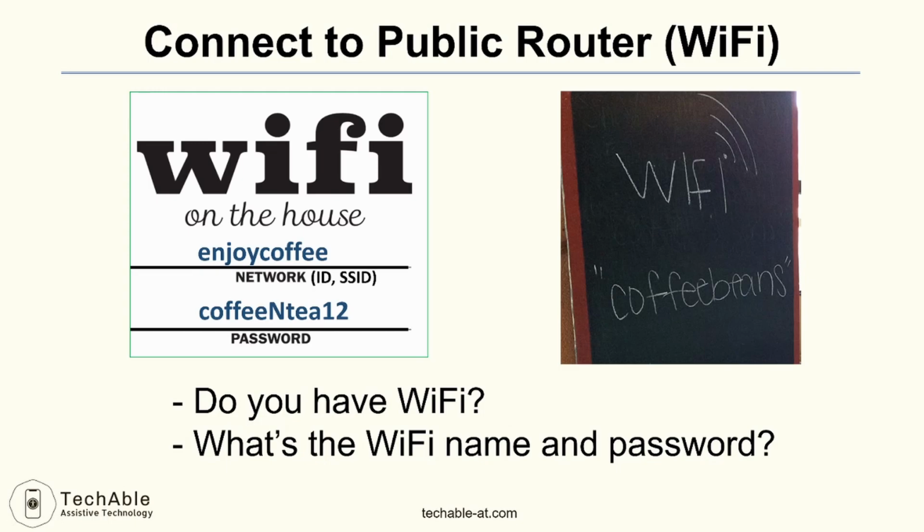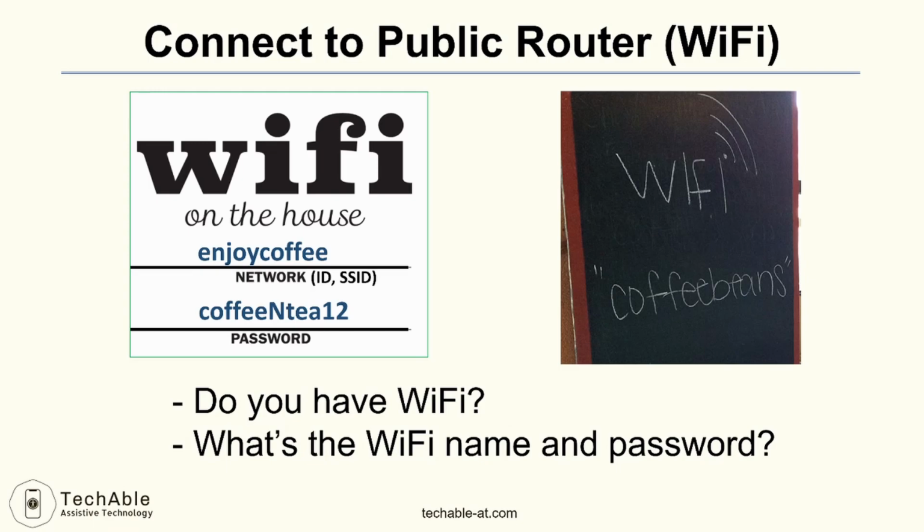At a store or a public place where Wi-Fi is provided, you will see Wi-Fi signs like this or this. The router name is listed as network. Sometimes it says network ID or SSID, like you see here.